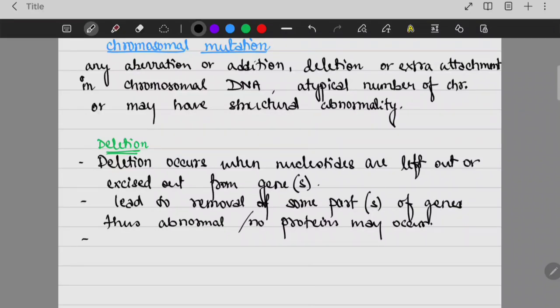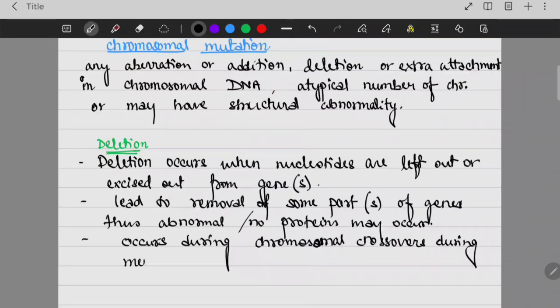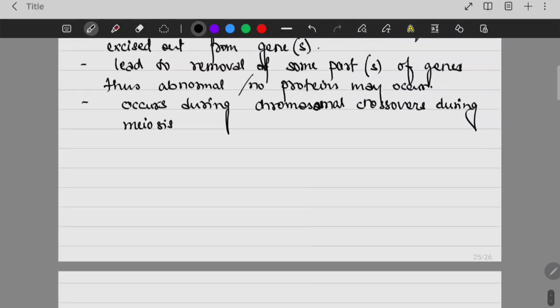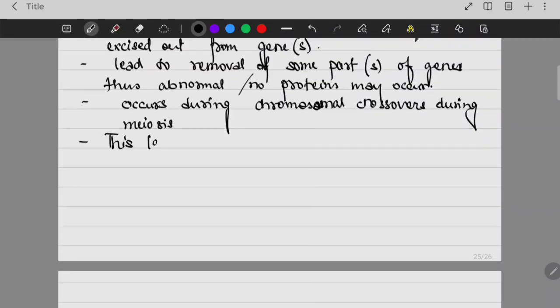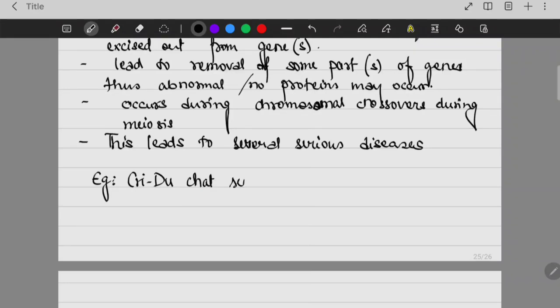Deletion occurs during the chromosomal crossovers during meiosis. This leads to several serious diseases. Some examples include the Cri-du-chat syndrome, and another example is the Prader-Willi syndrome.